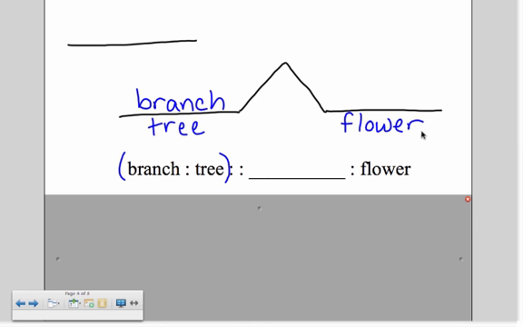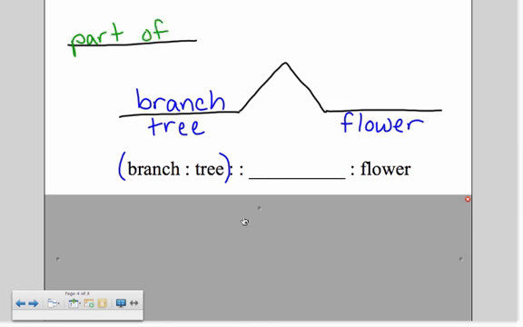Now taking a look at branch and tree, what's the relationship there? Branch is to tree. You've got it. We would say that a branch is part of the tree. This would be a part to whole type of analogy.